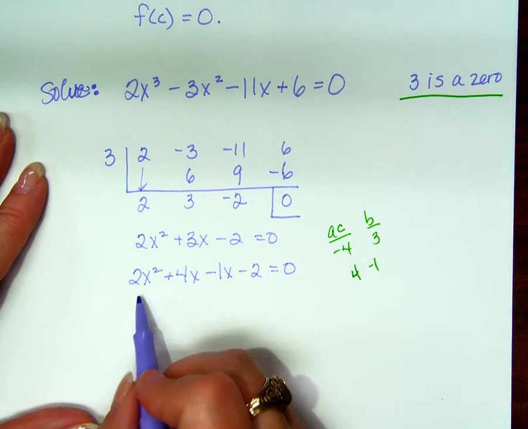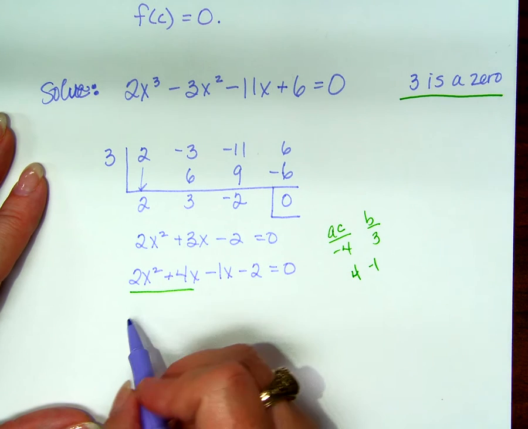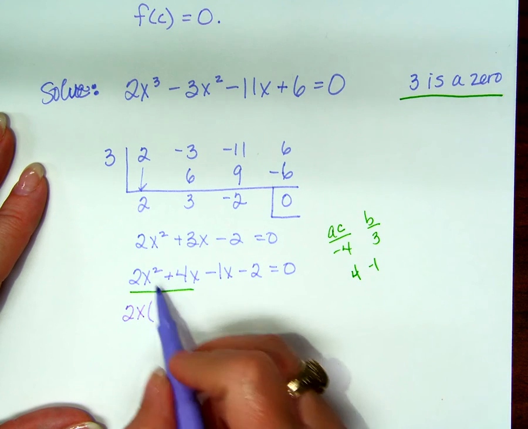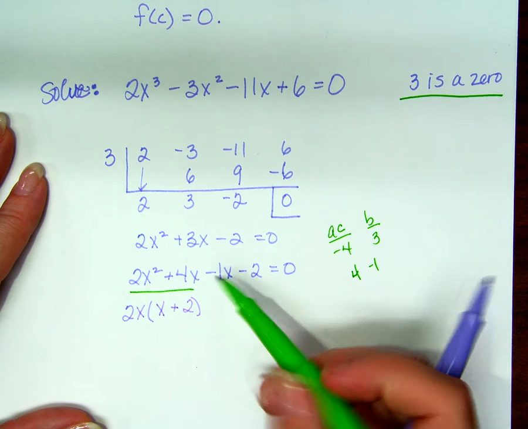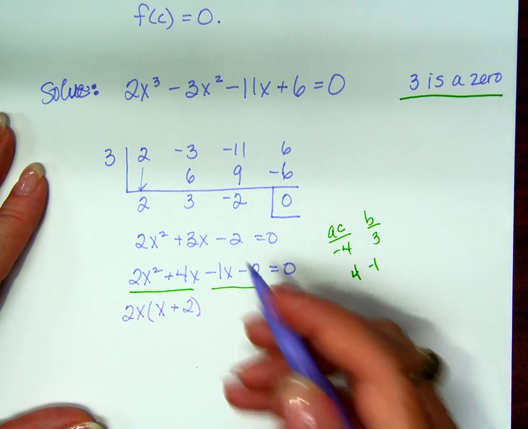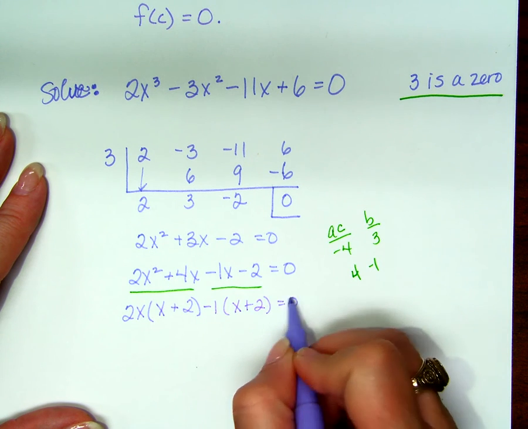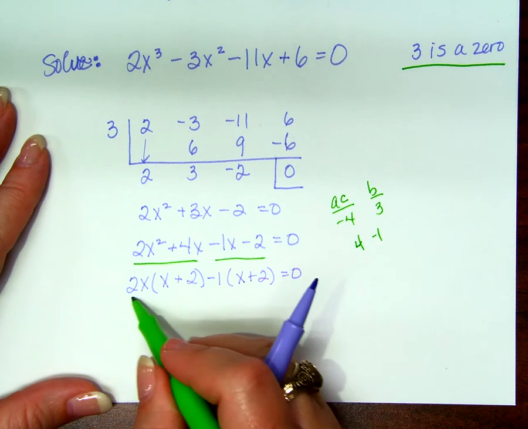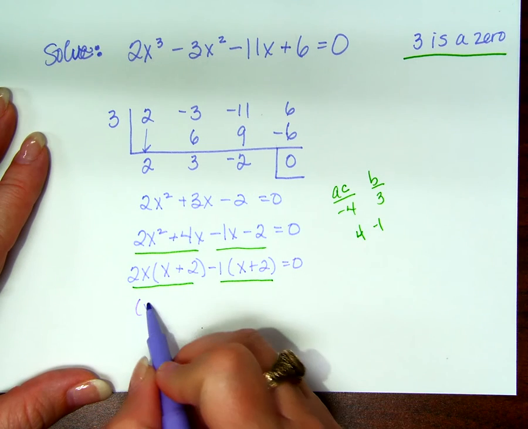If I factor by grouping now, I have those first two terms that I see a 2x in common, which leaves me an x plus 2. I notice in the second two terms, what's common is a negative 1, and I have x plus 2. I notice that between these two terms right here, they both have an x plus 2.